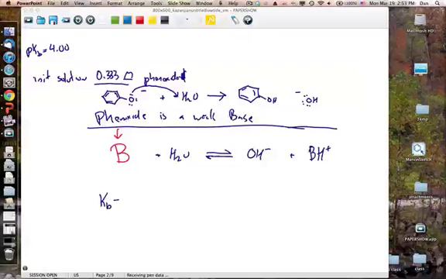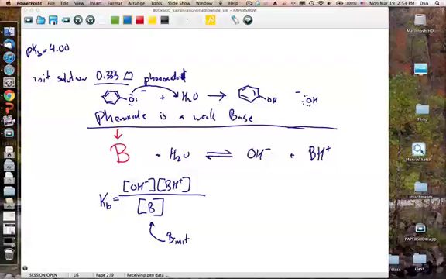Kb of this compound will equal the concentration of hydroxide, OH minus, times the protonated form, all over the weak base at equilibrium. They tell us that initially the concentration would be equal to 0.333 molar.